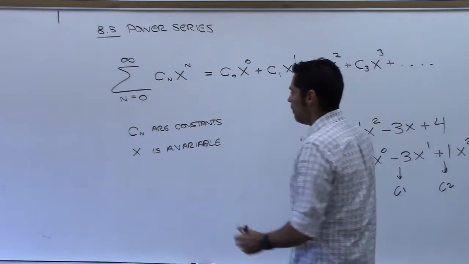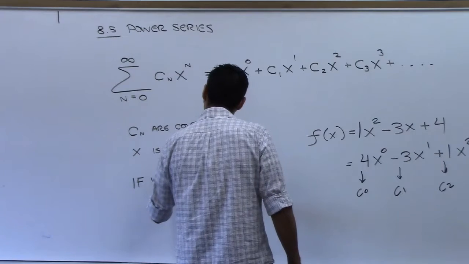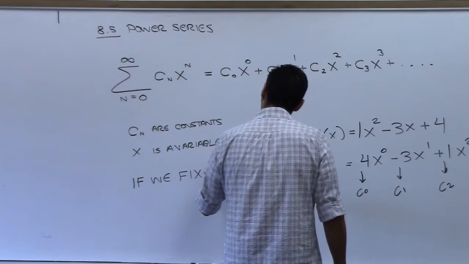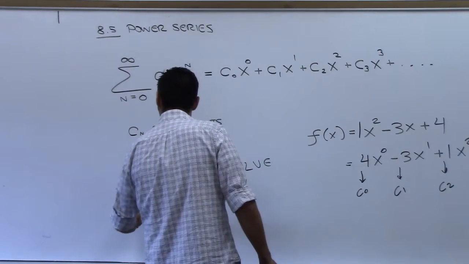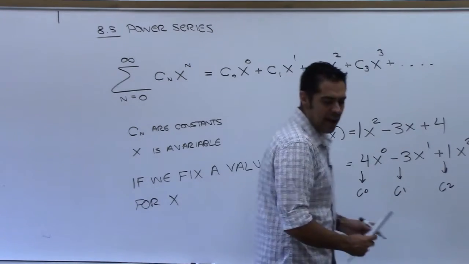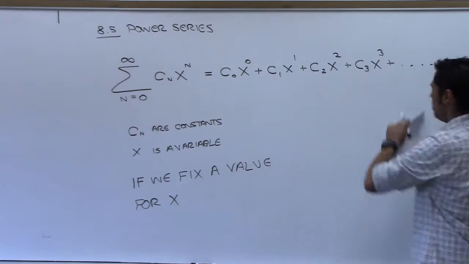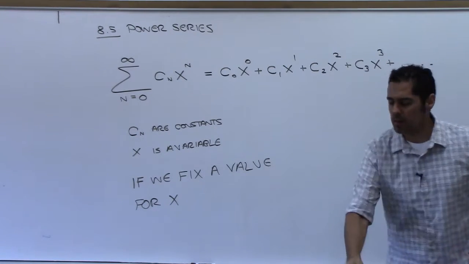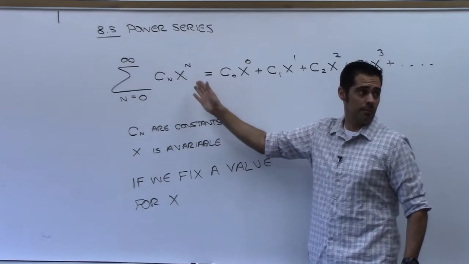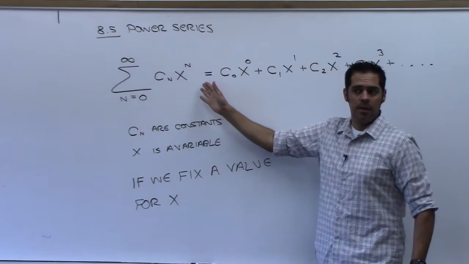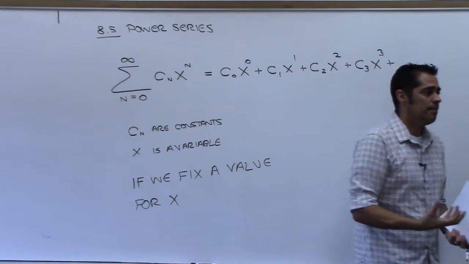All right. If we fix a value for x, because I have not told you what x is up here. It's just a variable. But if I tell you, look, everyone, x is going to be whatever number I give you, then this is just a series with just numbers in it now, right?